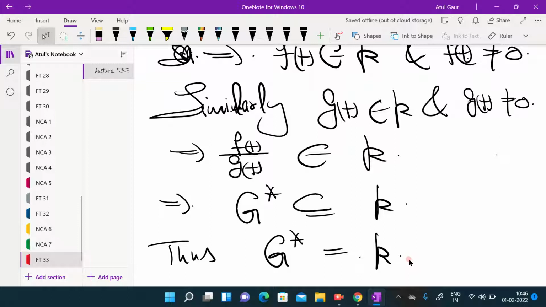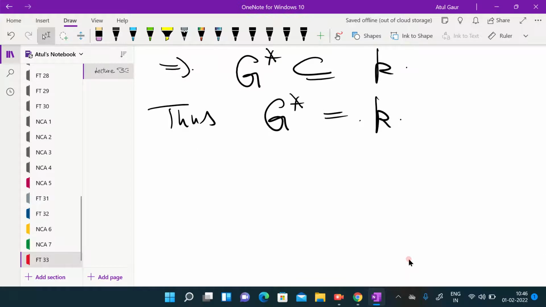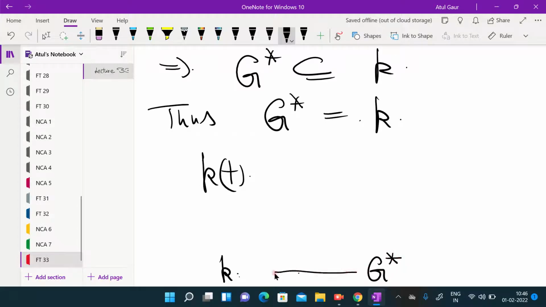So now you can come to the one-to-one correspondence. So suppose this kt is the field and this is k, and this is the fixed field of g. If you consider the identity map, it is the fixed field of kt.